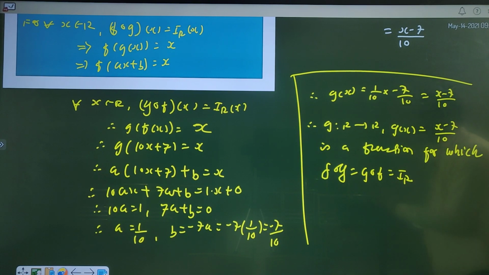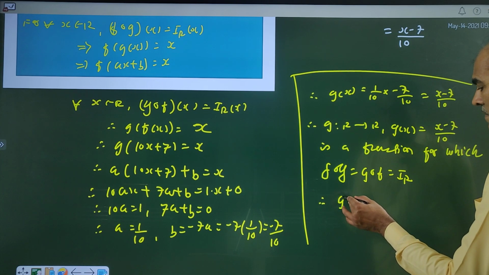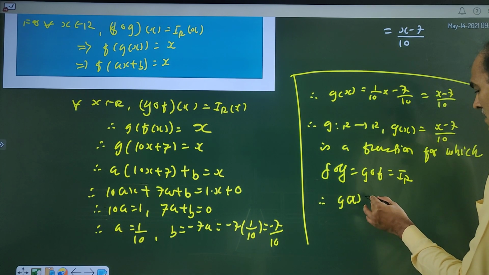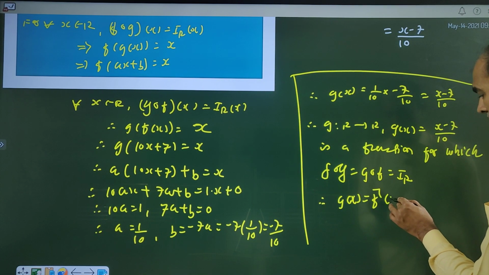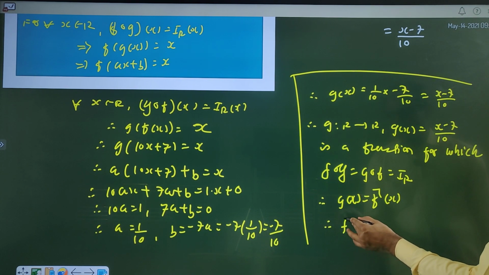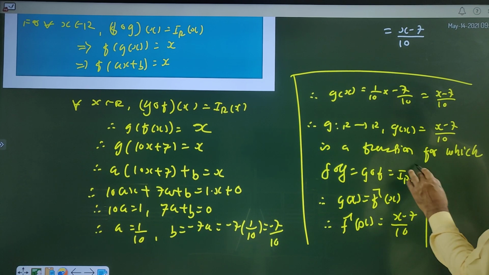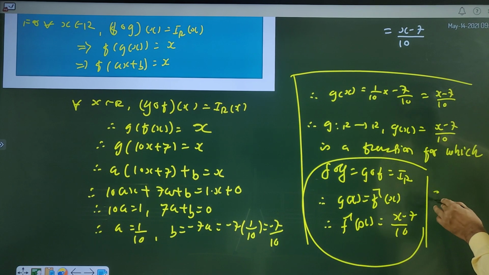In other words, this is the third method to find the inverse also. And therefore g of x is nothing but f inverse x, and therefore f inverse x is equal to x minus 7 by 10 also. This part is extra, we don't need to see it here, but that is the extra part.